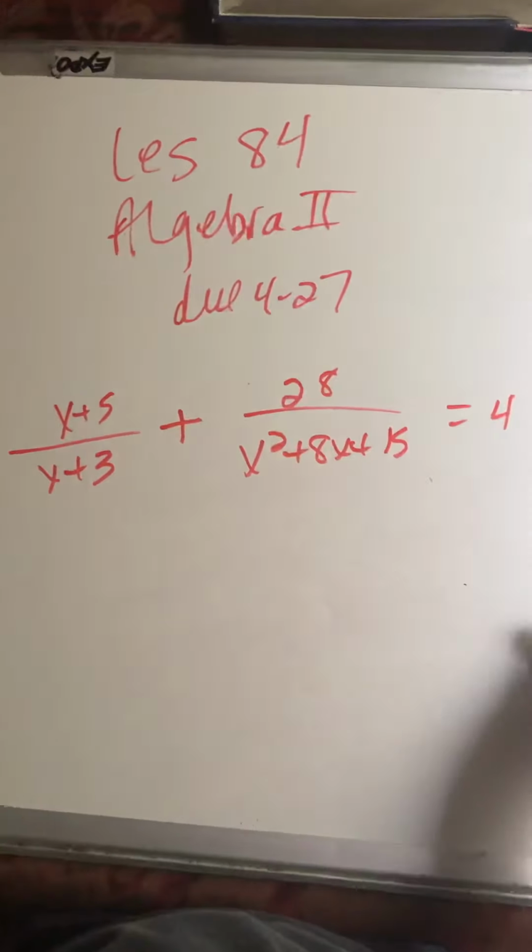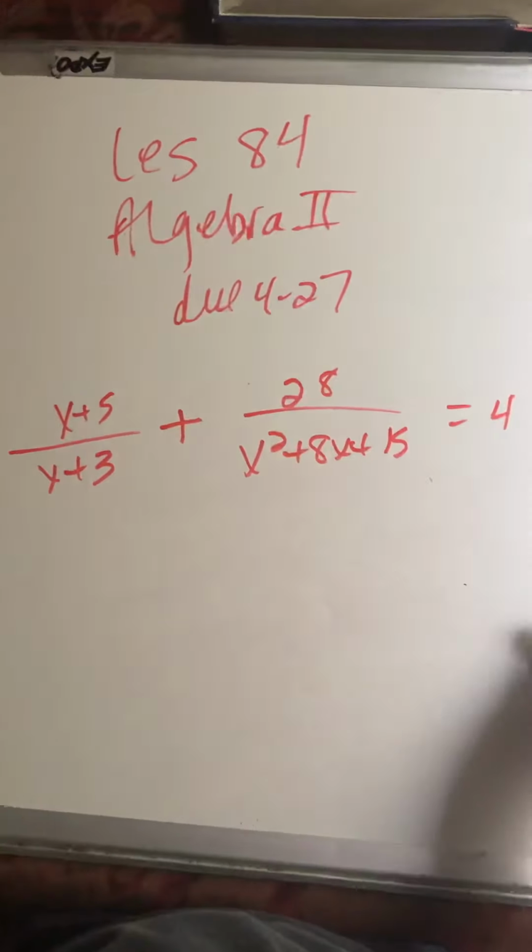So that means I've got to factor this, x plus 5, x plus 3. So my common denominator is x plus 5 times x plus 3. I'm going to put x plus 5 times x plus 3 right here, right here, and right here, and go through and cancel.